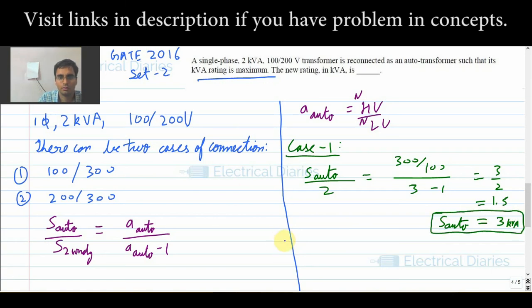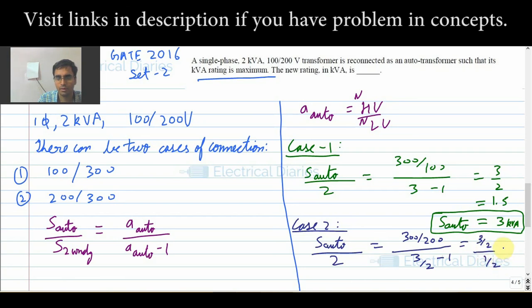Now for case 2 you can calculate similarly. S auto divided by S2 winding, which is 2 kVA, is equal to A auto, here 300 by 200, which is 3 by 2, divided by 3 by 2 minus 1. 3 by 2 minus 1 comes out to be 1 by 2, and this whole comes out to be 3 only.